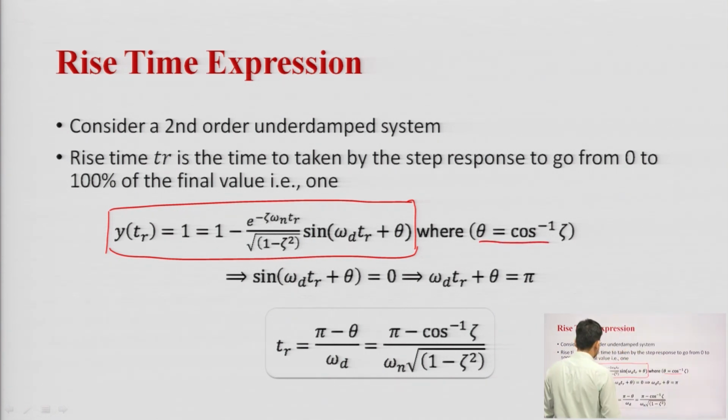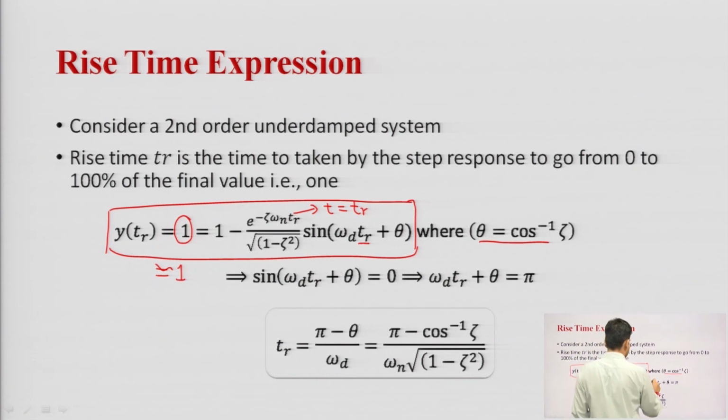Whenever we are discussing rise time, my final output will reach the value of 90%. We can say this y(t) approximately reaches the value of 1. So, I am assuming this value is 1, it is equal to 1 minus this term at the time instant t equal to t_r, which is rise time. If I solve it, 1 will cancel out and this will equate to 0.